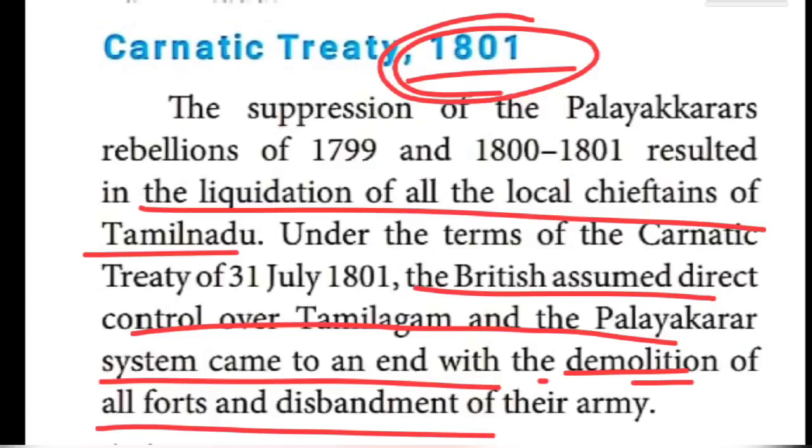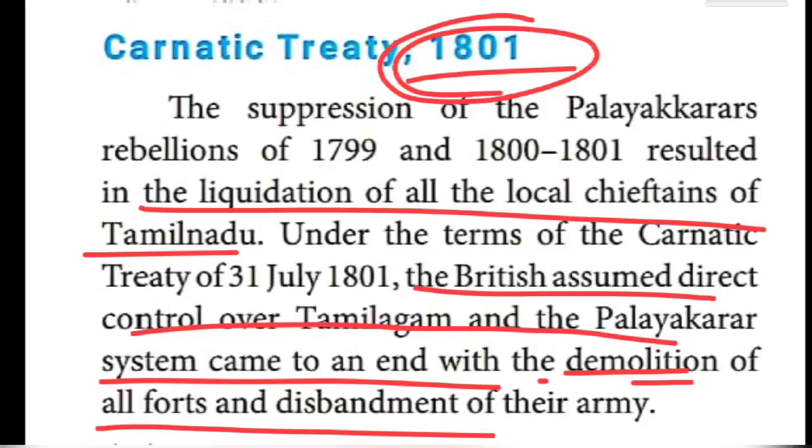Kattabomman's brothers, Umaithurai and Sevathaya, were also captured and beheaded at Panchalamkurichi. Moreover, 73 rebels were sent to Penang, which is located in Malaya. Though the Palayakaras suffered a defeat, it was a lesson that inspired the later generation.